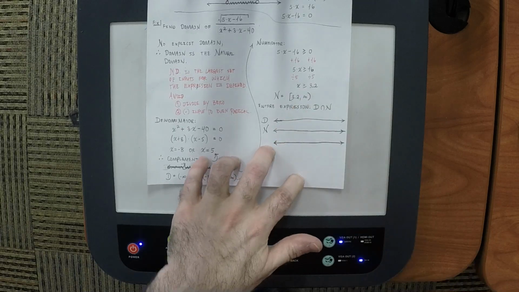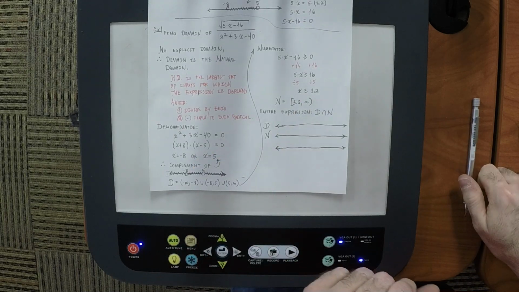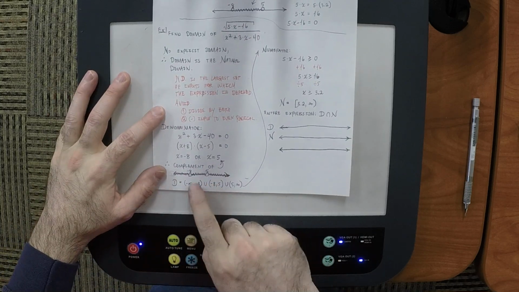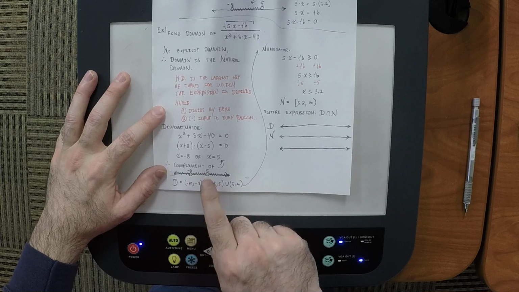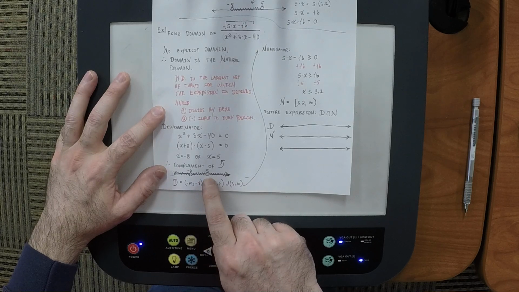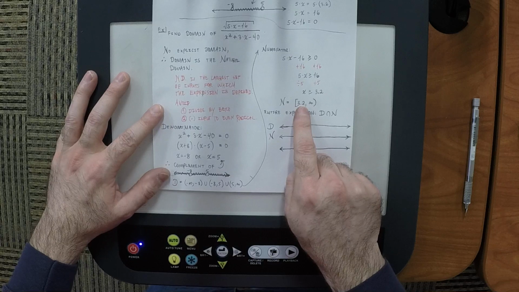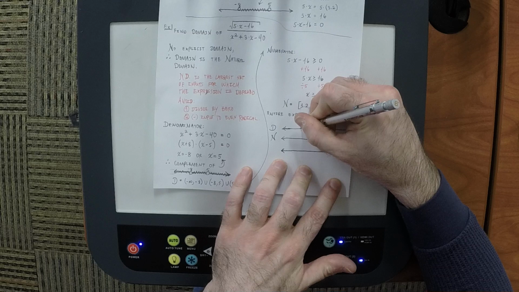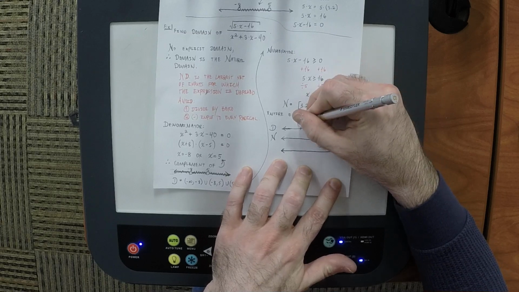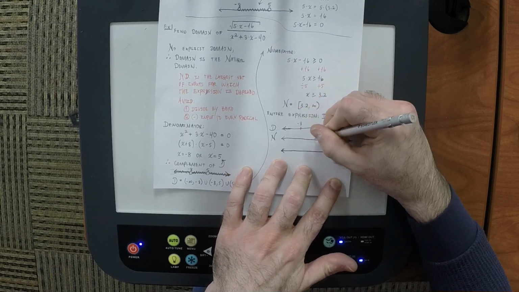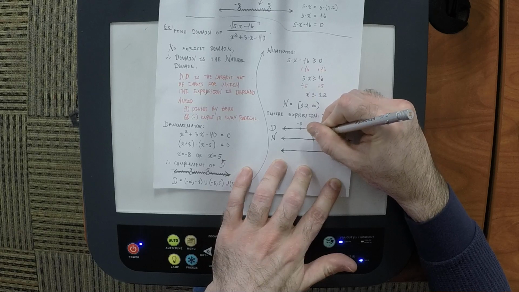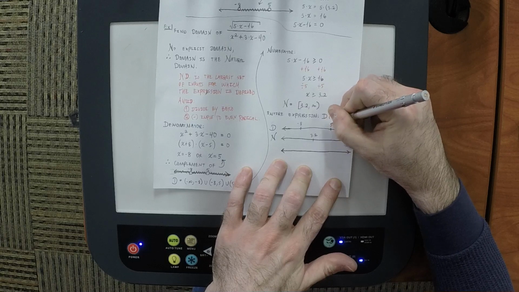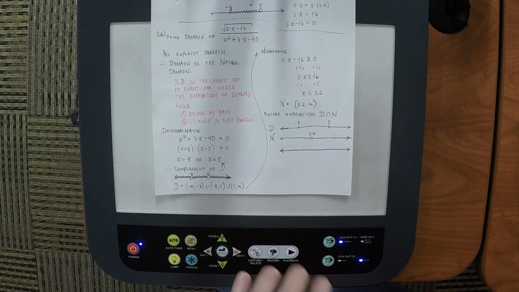And again, we've got to get stuff to line up the way we want. So we've got negative 8 and 5, and for N, we need 3.2. As it happens, those numbers, relatively speaking, fit here. So negative 8, 3.2, and 5, like that.